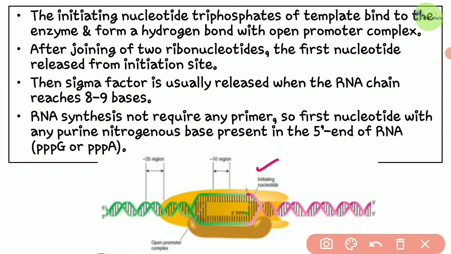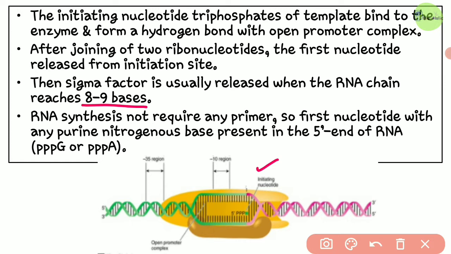Then the sigma factor is usually released when the RNA chain reaches 8 to 9 bases, because the holoenzyme can initiate transcription, but only the core enzyme has the ability to synthesize, or elongate, the RNA chain. Okay, so RNA synthesis does not require any primer, unlike DNA synthesis or DNA replication.